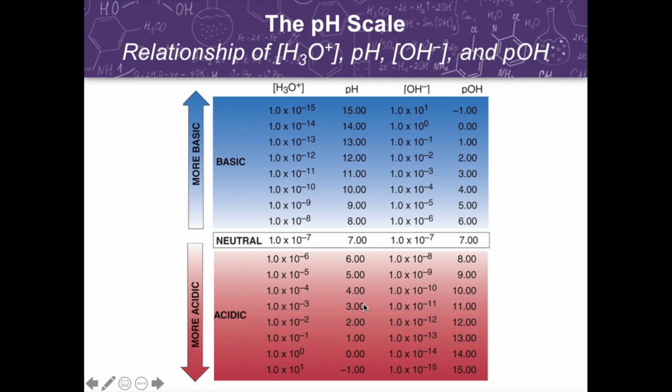Since pH is defined as the negative logarithm of the hydronium ion concentration, and these concentrations have negative exponents, like in this case, 1 times 10 raised to negative 4, the pH values are positive numbers. Whether a solution is acidic, neutral, or basic, it can now be defined in terms of its pH.